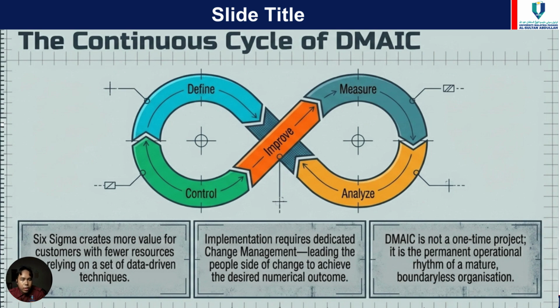So this is a continuous cycle until we achieve the ultimate solution. So Six Sigma creates more value for the customer with fewer resources by relying on a set of data-driven techniques and implementing required dedicated change management, leading to the people side of change, to achieve the desired numerical outcome. And also DMAIC is not a one-time project; it is the permanent operational rhythm of a mature boundaryless organization.